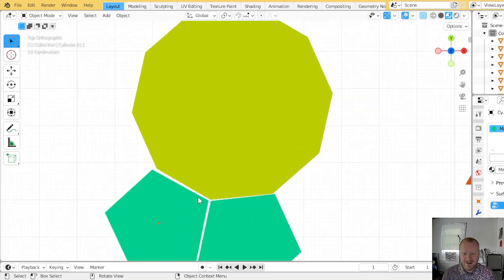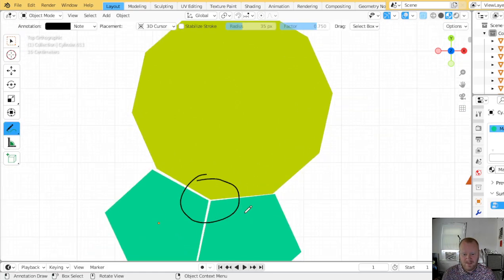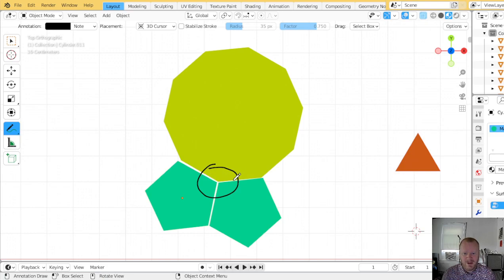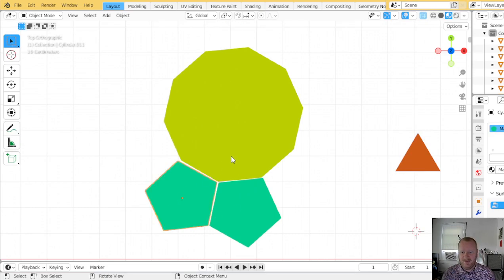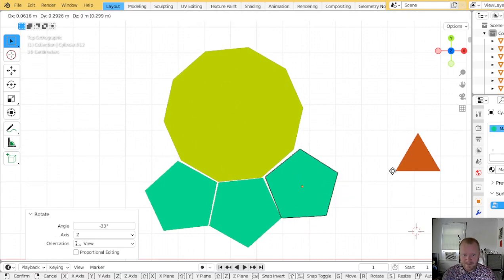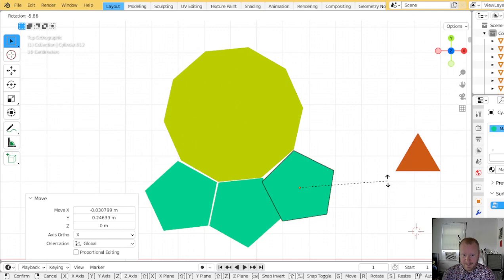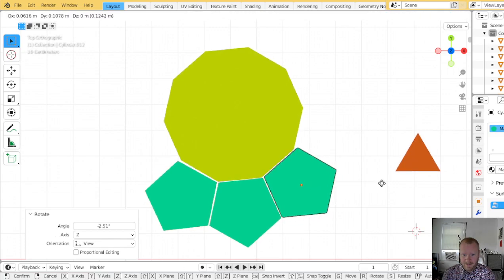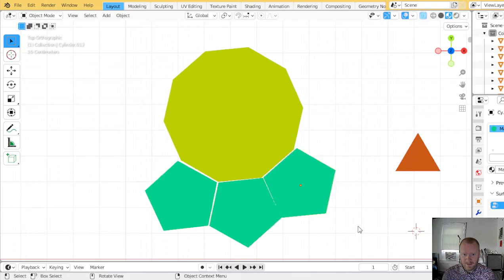So what I mean by that is if I look at this vertex here, I've got one decagon, and then I've got another pentagon and another pentagon. So each vertex should have two pentagons and one decagon. So this vertex works out fine. I'm going to keep trying to make these. Okay, so you can see this is fine so far.